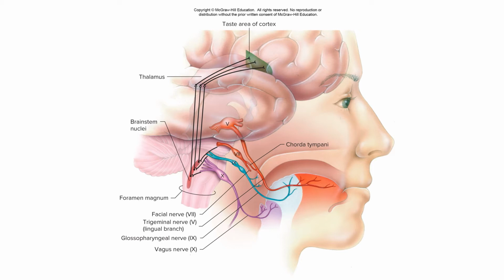Okay. And then signals will be sent to interneurons, passing through your brainstem and then going to your thalamus, and then going to the taste cortex or taste area of your cortex. Okay.